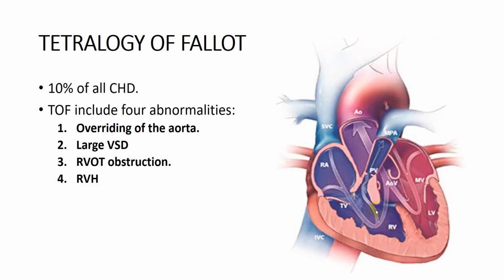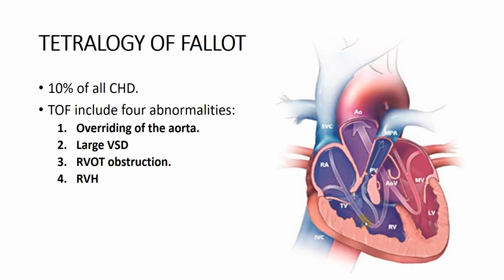In the presence of a large VSD and severe right ventricular outflow obstruction, the preferential flow is toward the VSD.